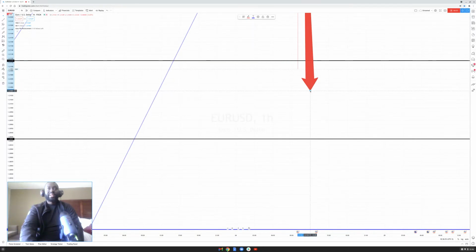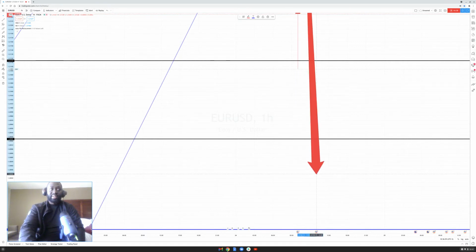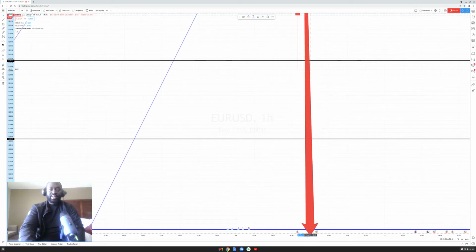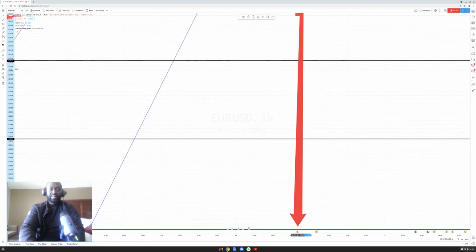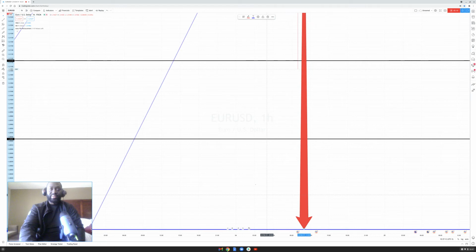I'm projecting it's gonna come all the way down to this major support key area, then bounce back up and officially start a downtrend.